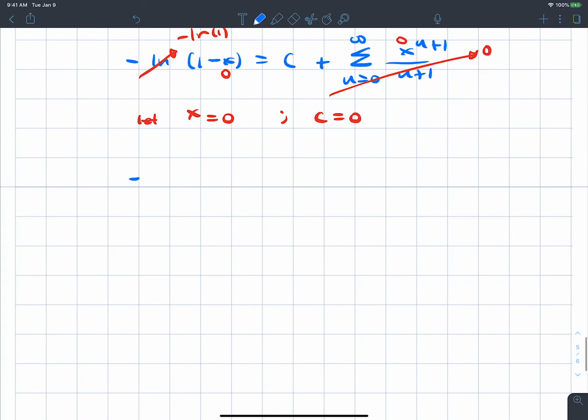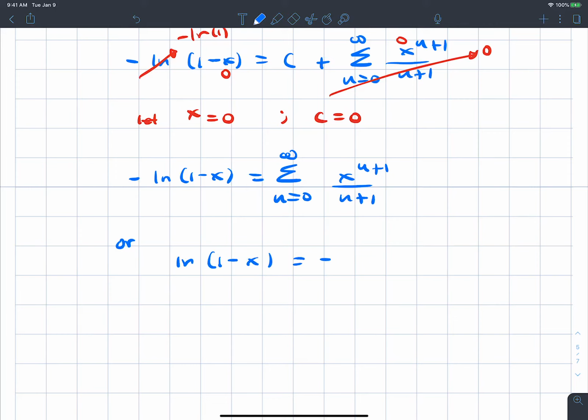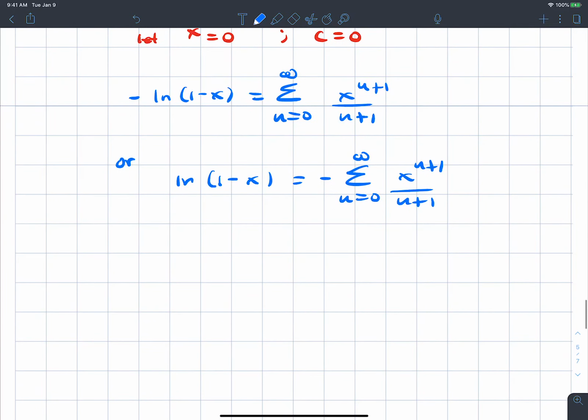So I'm showing that minus natural log 1 minus x can be described as the sum of x to the n plus 1 over n plus 1, or simply the natural log of 1 minus x becomes minus summation n is 0 to infinity x to the n plus 1 over n plus 1.